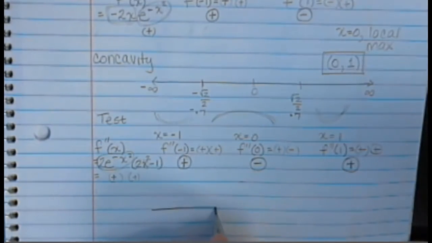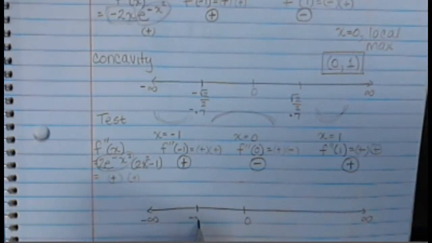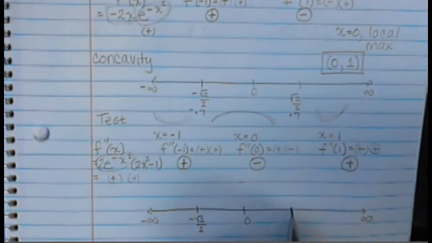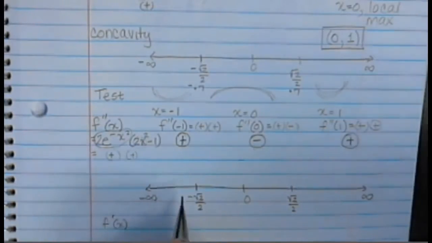So here's my number line, and what we have is negative infinity and positive infinity. Then the next thing we see is we have 0. We have a negative square root of 2 over 2, and we have a positive square root of 2 over 2. If we test it, so here's f prime of x, and this is what we found.